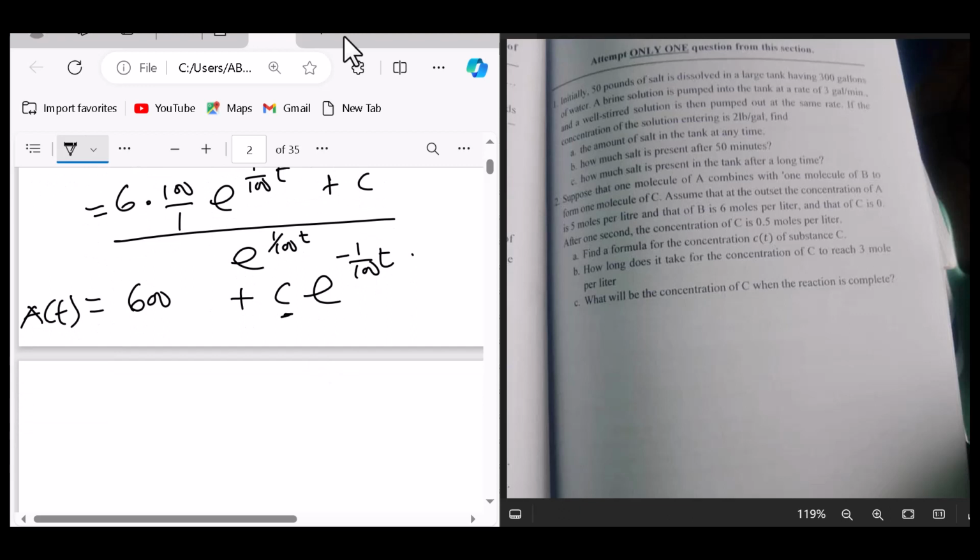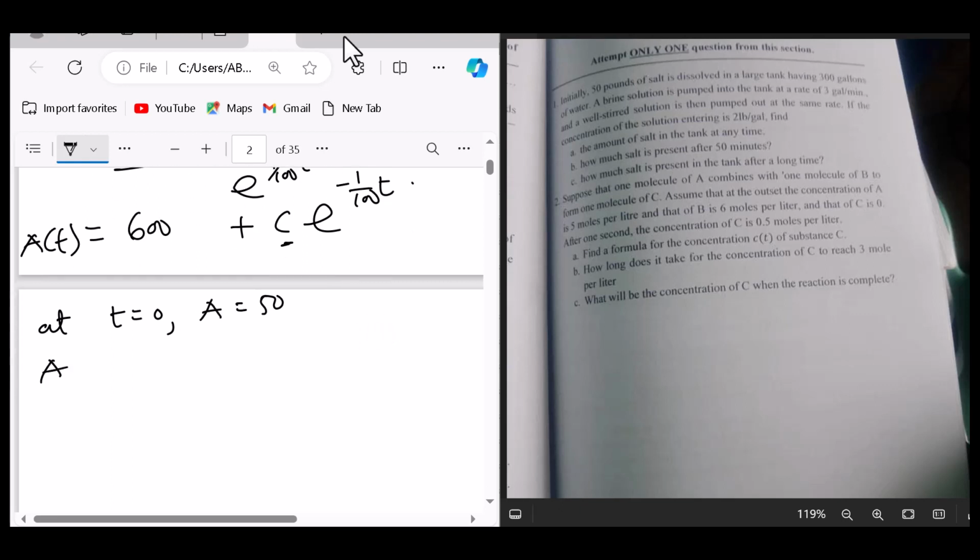So we have to find our c using the IVP. At t equals 0, a is equal to 50. So we do that substitution. a of 0 is equal to 600 plus c e power negative 1 over 100 times 0, and all this is equal to 50.